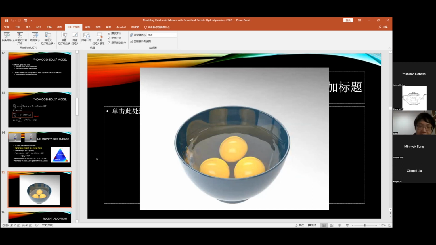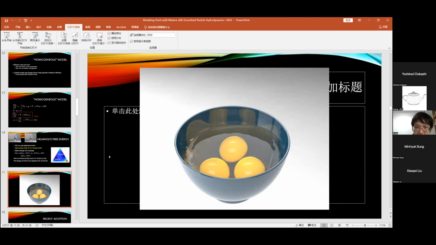But another issue is that if you're using SPH, single phase SPH turbulence is not very well resolved yet. So for multiple phases, it's more complex. I think it's very interesting, and it deserves future research.